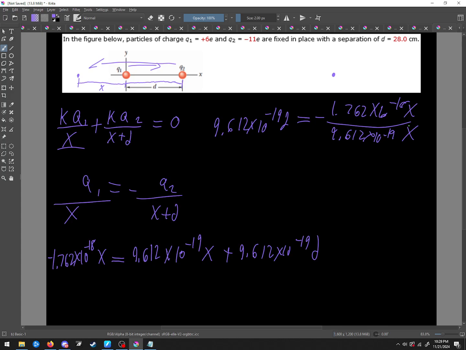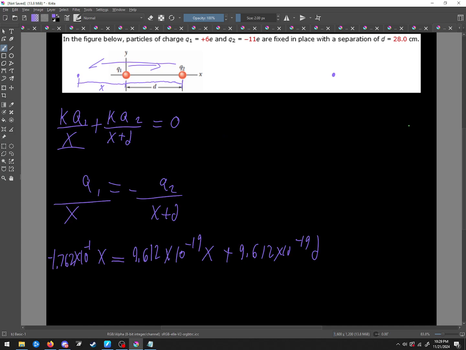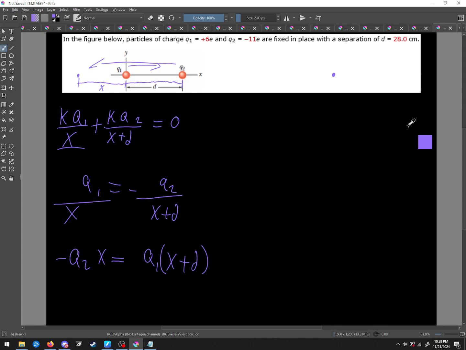Wait. Okay, why am I dividing? We can subtract. Could I have done that the whole time? Well, let's find that out. Okay.